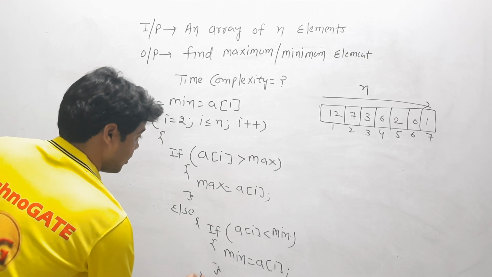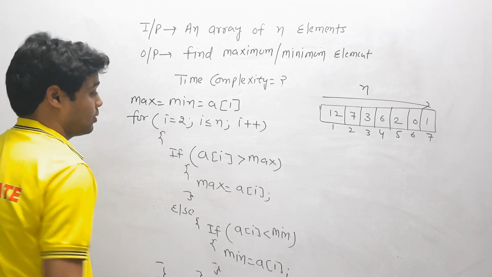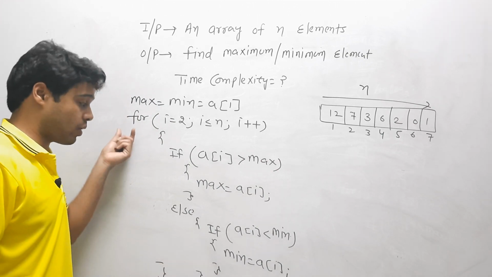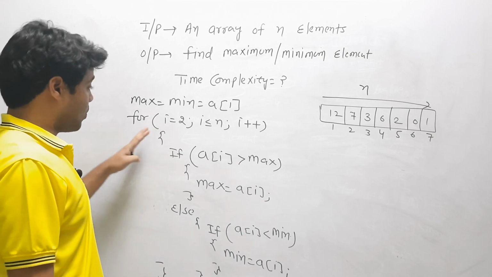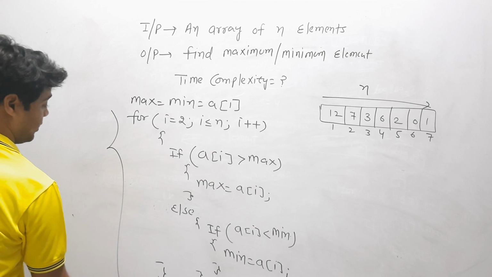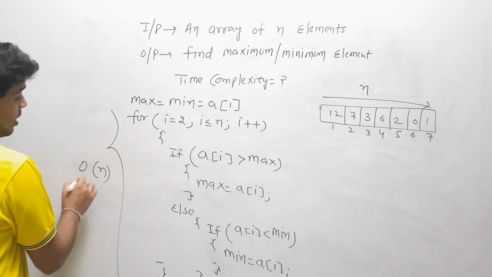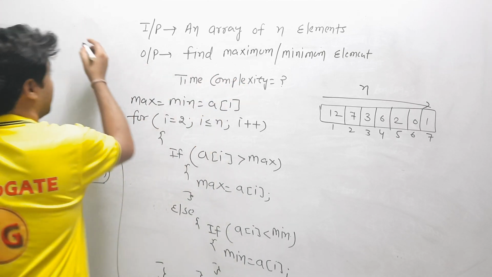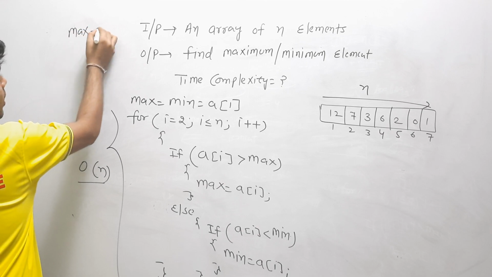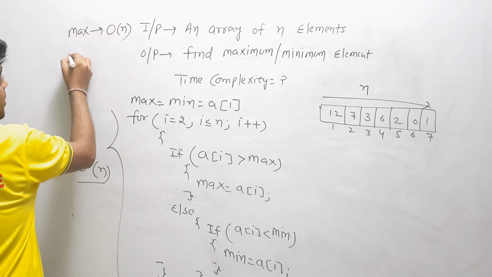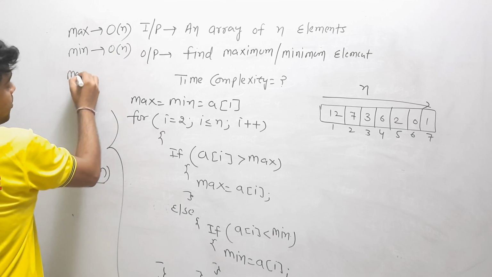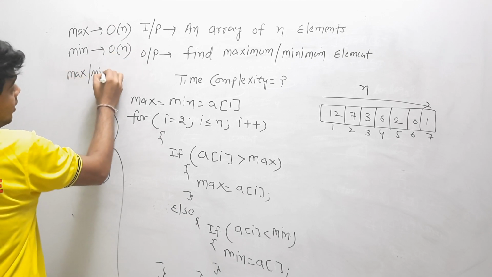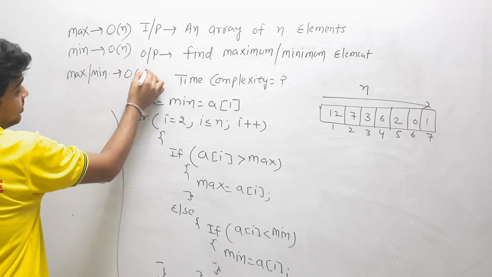So there is only one for loop, and these are the statements. If is a statement, else is a statement. So what is the time complexity here? Order of n. Finding the maximum is order of n time, finding the minimum is order of n time, and both together is order of n time.